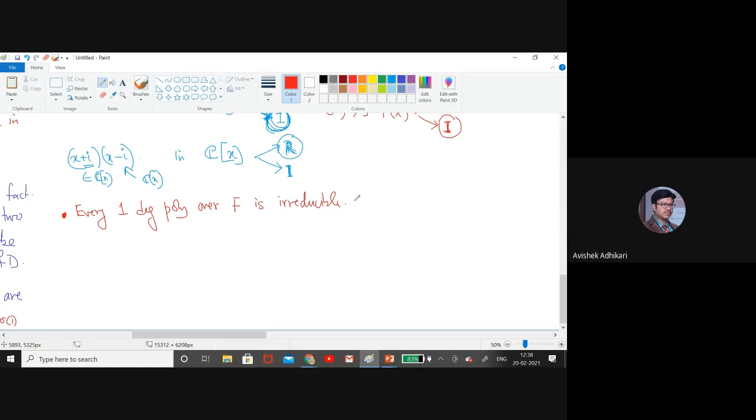Okay, so the next question is, what about 2 degree, 3 degree, and so on? This result will be very helpful in solving many of the problems in competitive exams.